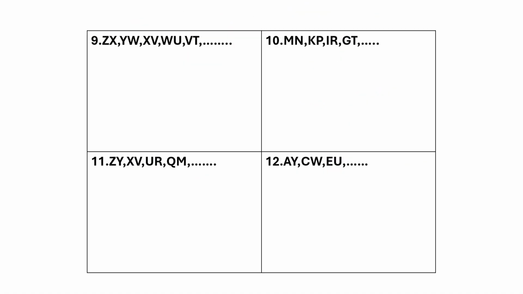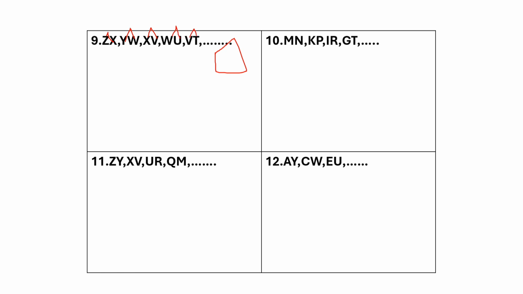Next question is ZX, YW, XV, WU, VT. In this series, we have to find the next term. Here in between ZX, 1 letter is missing. YW, 1 letter is missing. XV, 1 letter is missing. WU, 1 letter is missing. VT, 1 letter is missing.